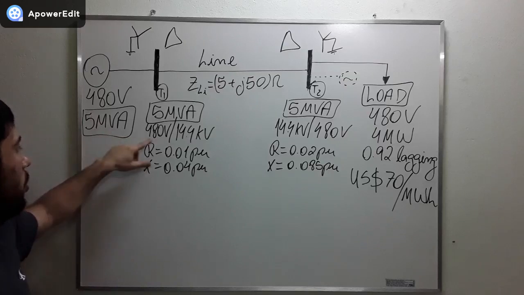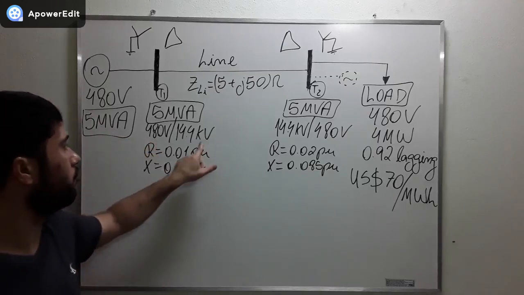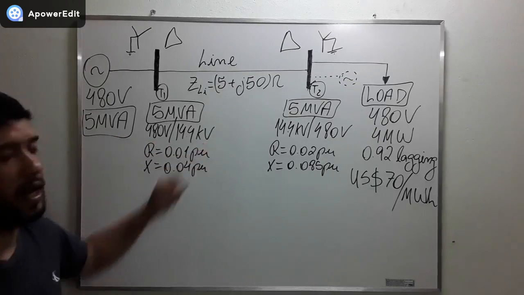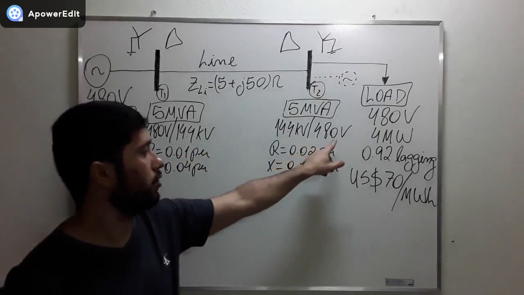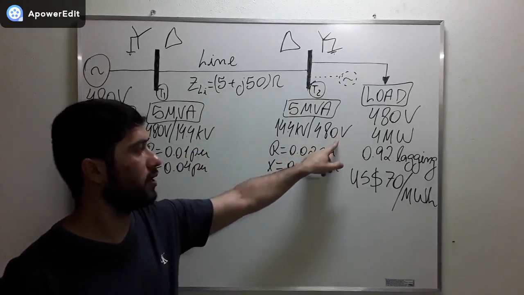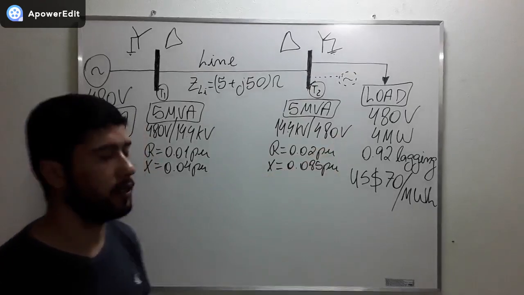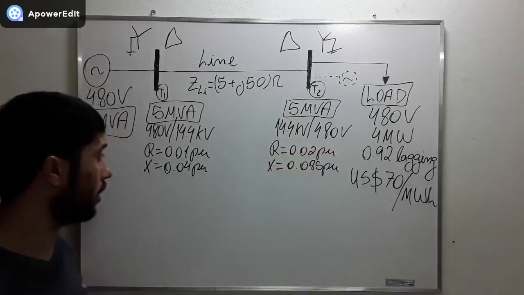For region 1, we're going to use 480 volts. For region 2, we're going to use 14.4 kV as the base value. And for region 3, the base voltage is going to be 480 volts.